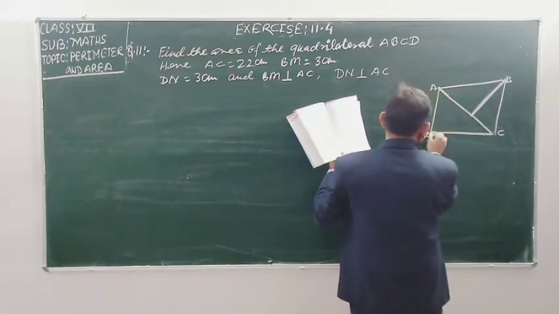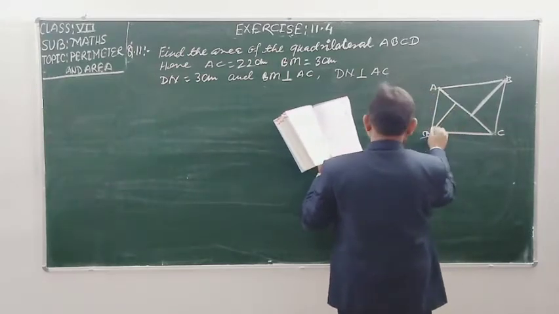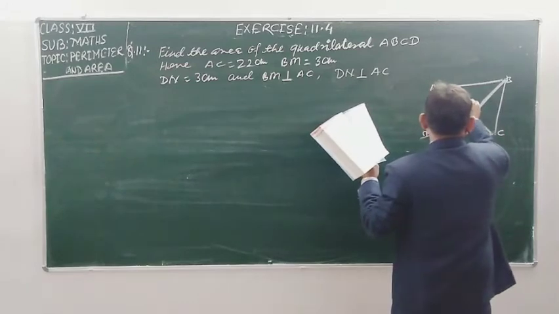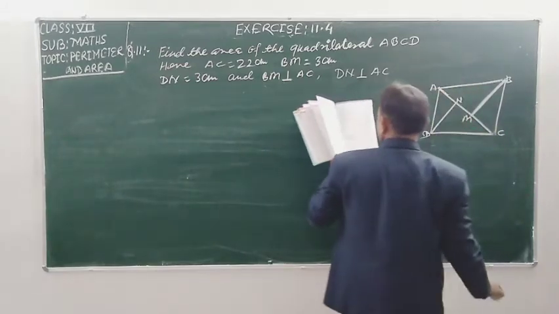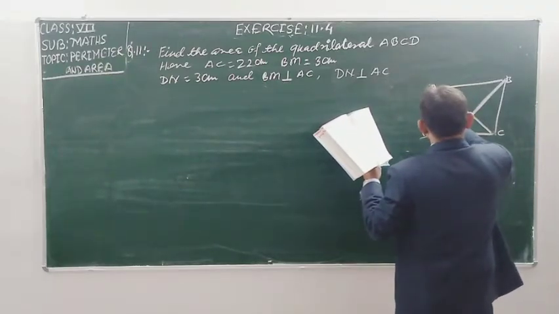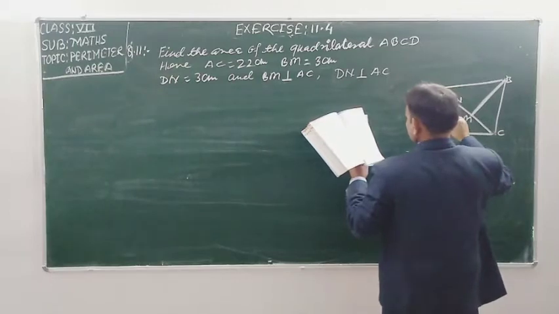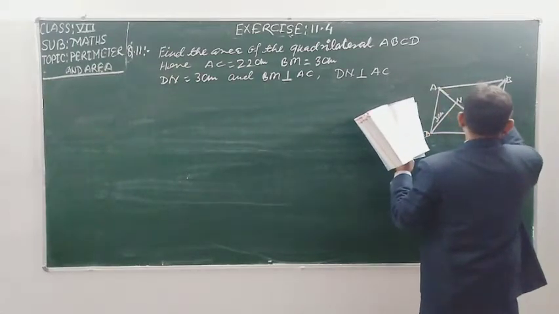And from D, one perpendicular line has been drawn also, that is N, and this is M, and the length of this is 3 centimeter, and this is 3 centimeter also.